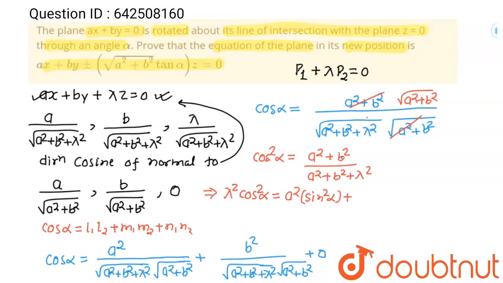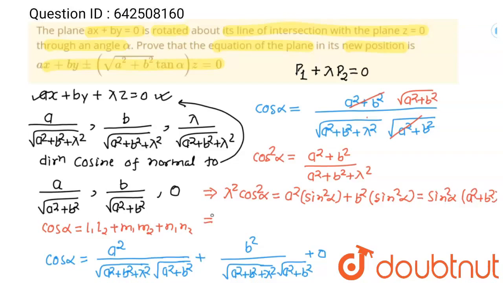Similarly, b square minus b square cos square alpha. So b square is taken common, and 1 minus cos square alpha becomes sin square alpha. Now from here we can easily take sin square alpha common, and we can write sin square alpha times a square plus b square.